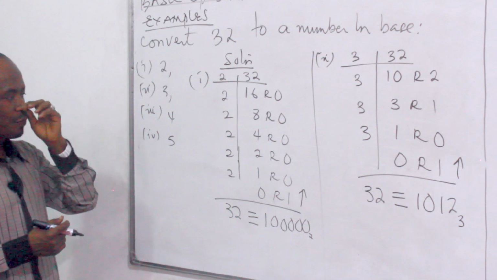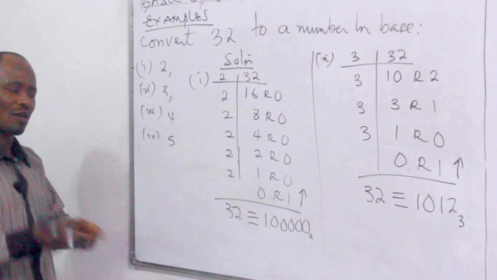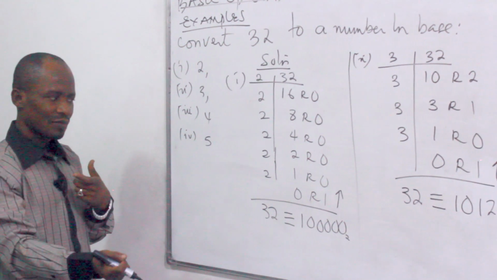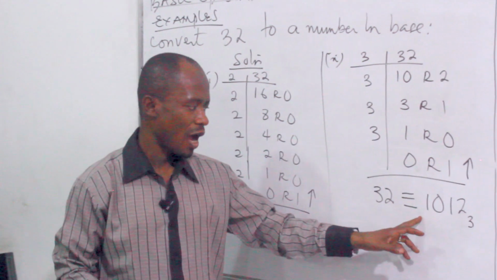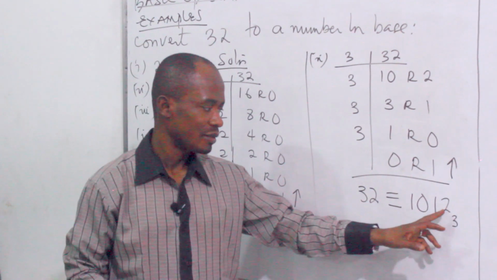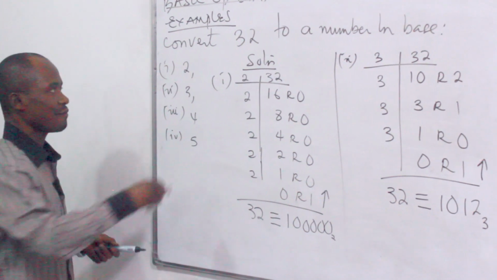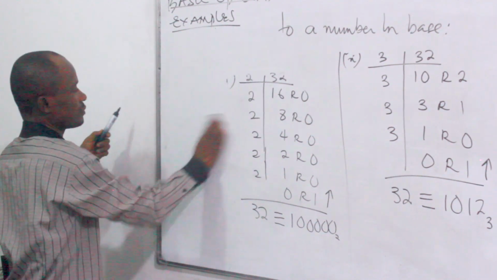The next area of problem is that students at times find it difficult to do it otherwise. That is converting from other bases back to base 10. For example, 1, 0, 1, 2 from base 3. Maybe you may be asked to convert a number from other bases back to base 10.